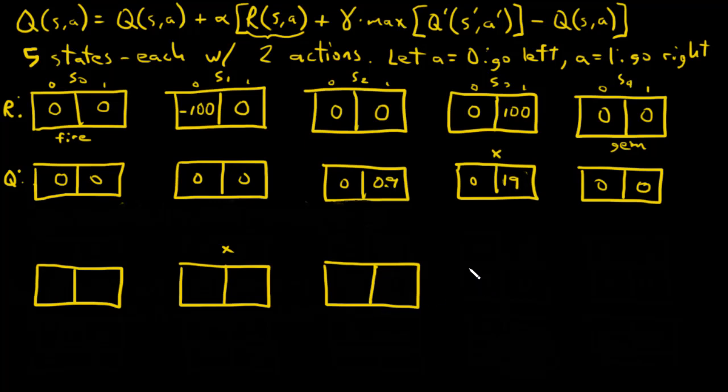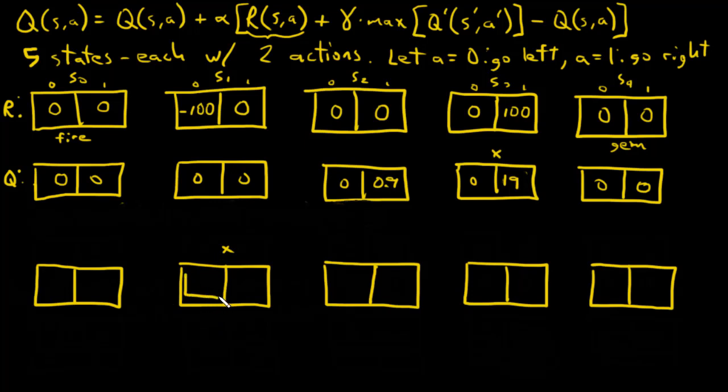And let's head left. Okay? So I'm here and I'm going to head left. So this is going to be the value that's updated. I'm just going to copy all the rest of them down. 0.9, 0, 19, 0, 0.